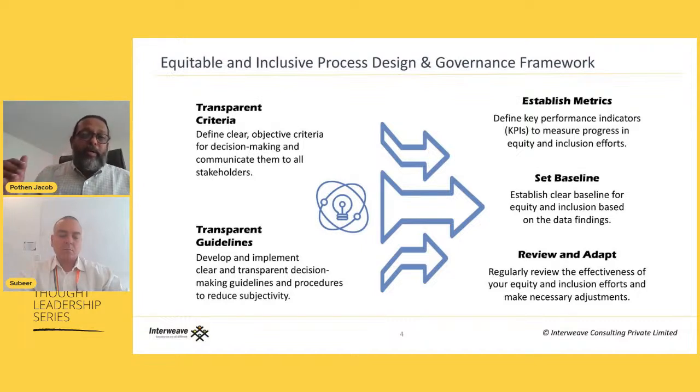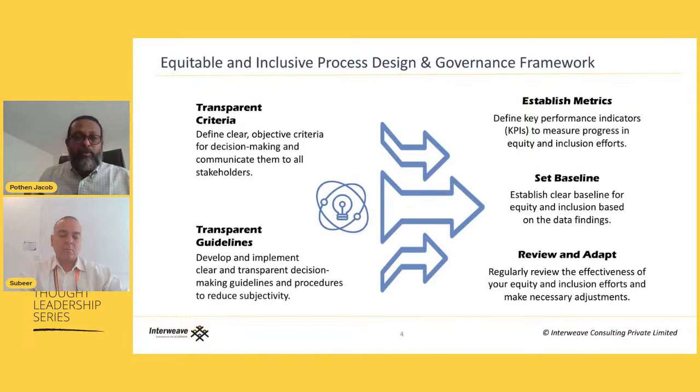So the transparent criteria is to establish the boundaries within which we need to operate, and be transparent about those boundaries and the criteria. And then within those boundaries, how do we make the process more objective, reducing the level of subjectivity, and what procedural changes could we bring about, with the right guidelines behind it, to make it as objective and as bias free as possible.